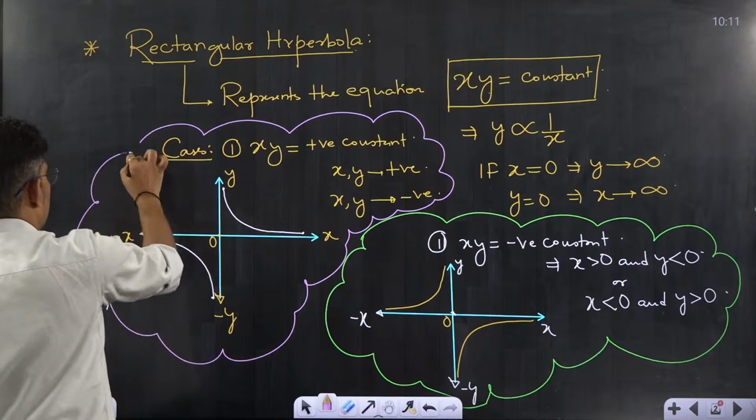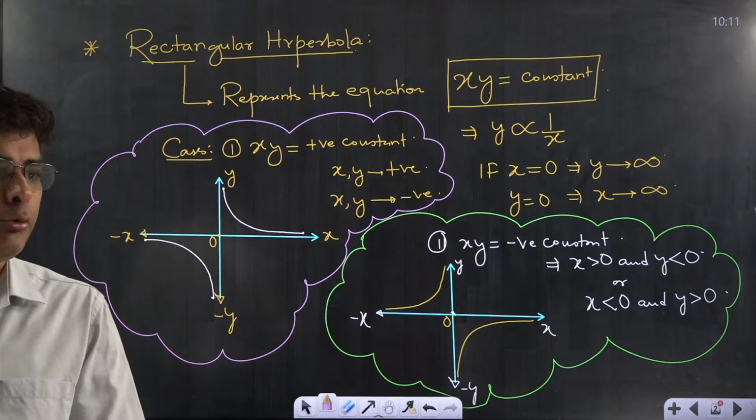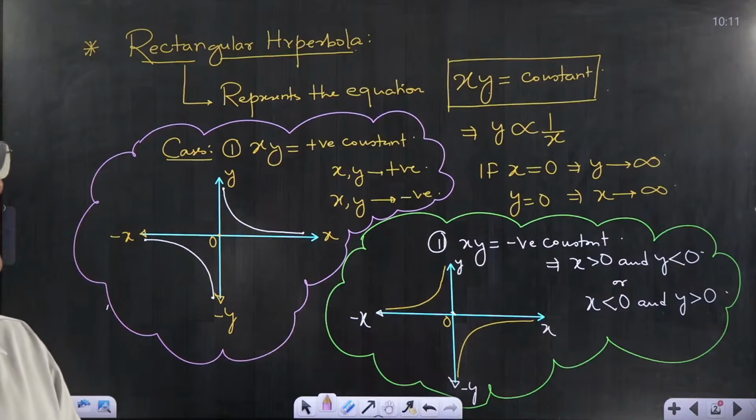So these are the two forms of rectangular hyperbola. Is it clear?